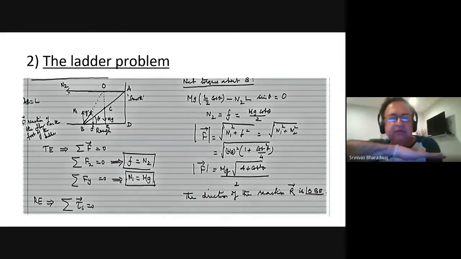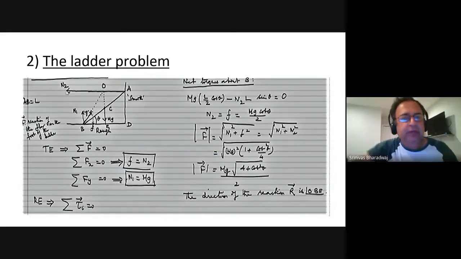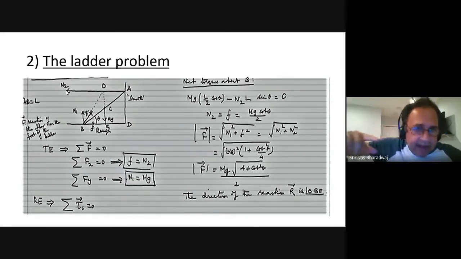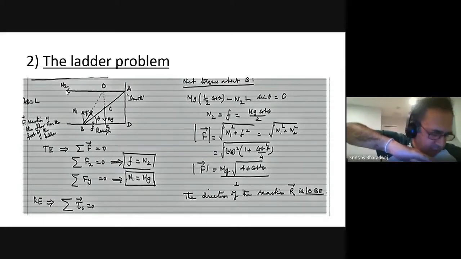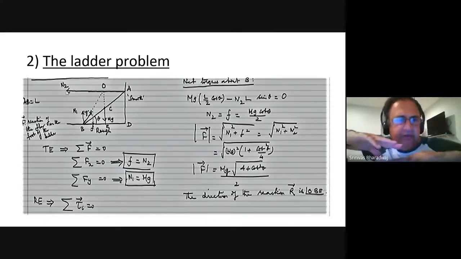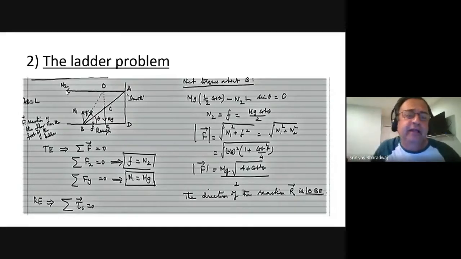Therefore, static friction will push that way. So if the bottom floor is rough, the friction will be pushing this way. N is like this, but because there is a net N2 that is going to push it that way, the friction will be this way, counteracting that N2.